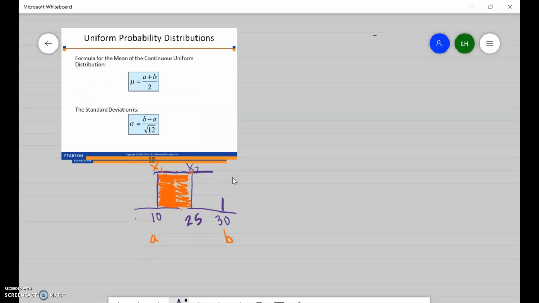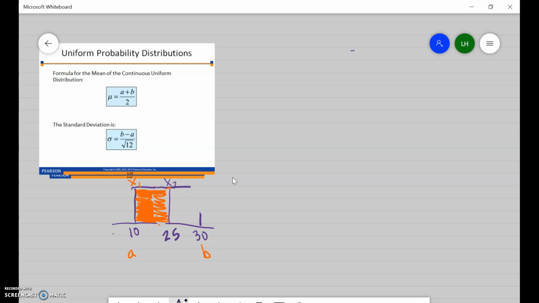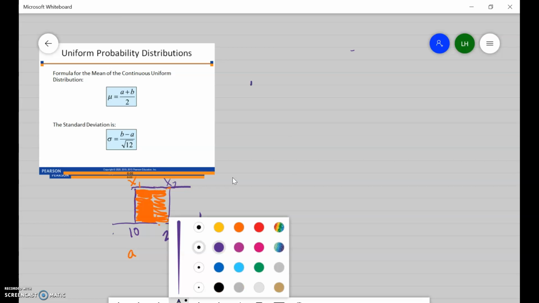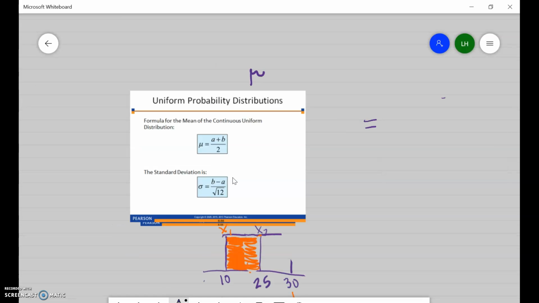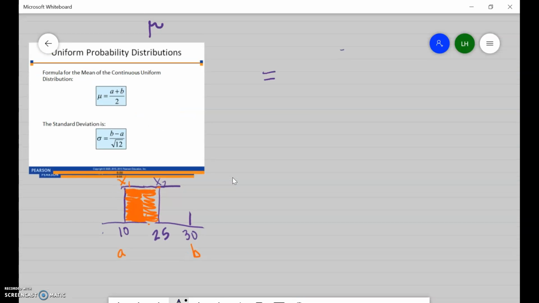It's basically an average of A and B. So your mean here is A plus B divided by 2. So 10 plus 30 divided by 2, which would be 20.